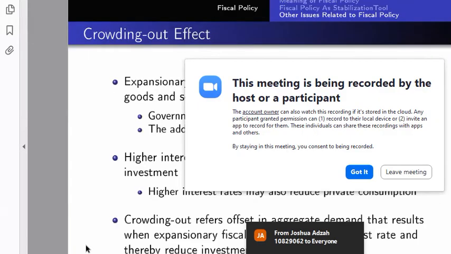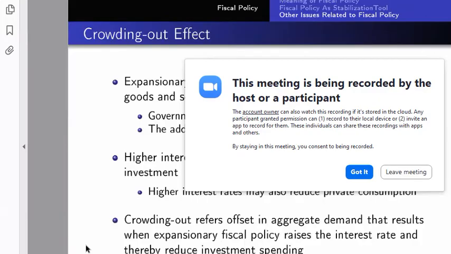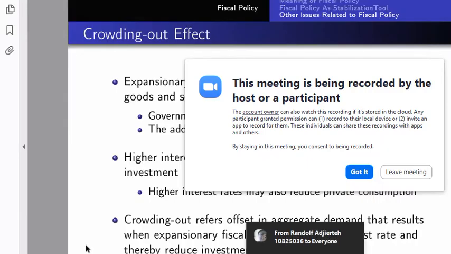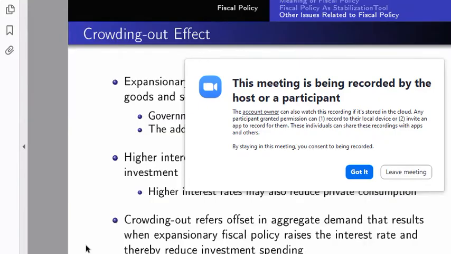Now there's something you need to know, and that is called the crowding out effect. Expansionary fiscal policy is meant to stimulate aggregate demand for goods and services. But you realize that it also leads to an increase in what? Interest rates. If government is conducting expansionary fiscal policy, it needs to get money from somewhere.